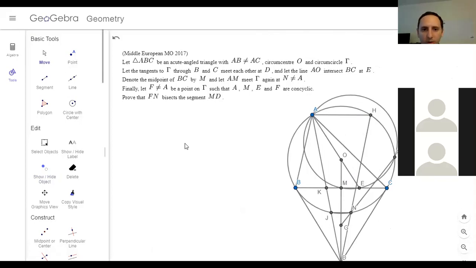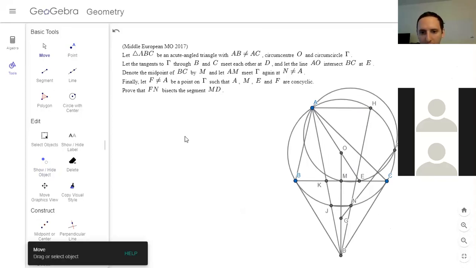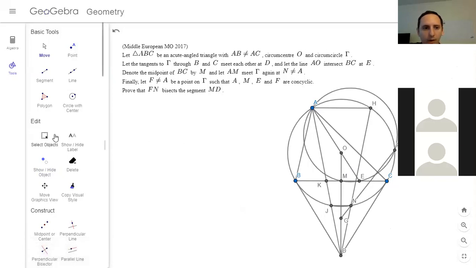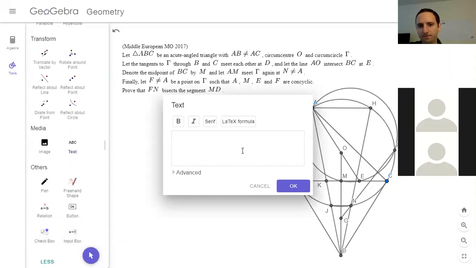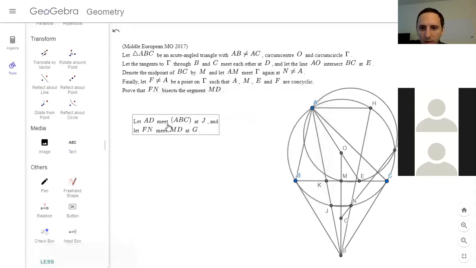All right, so let AD meet the circle at J. And let FN meet MD at G. And then we can project. Okay, so we're going to want to use the Submedian Theorem.